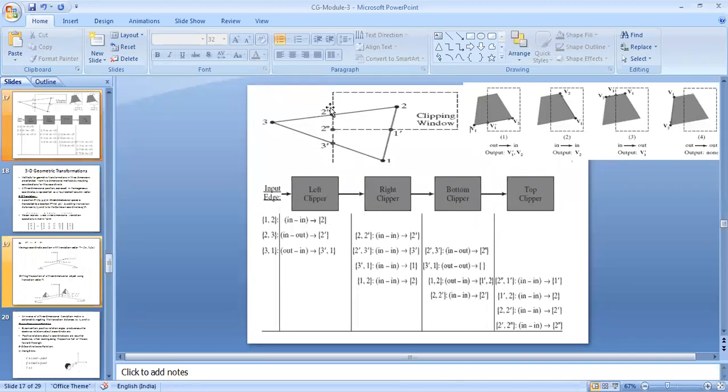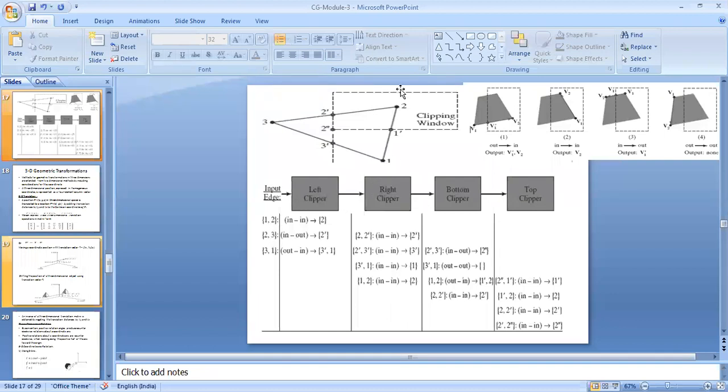Now with respect to only this, I need to tell whether it is going from in to out, or out to in, or in to in, or out to out. Don't consider this clipping region, this clipping region, or this clipping region. The only region is now this one, the left clipper. So what are my inputs?